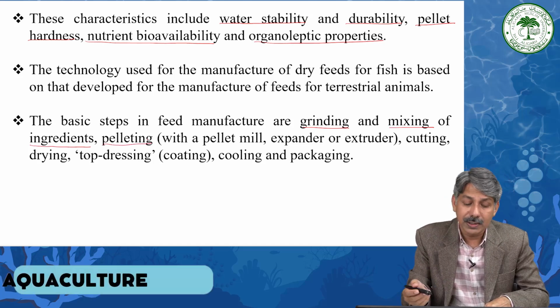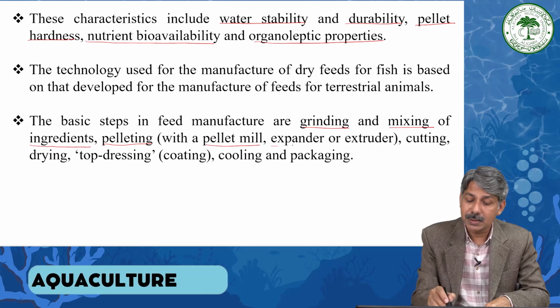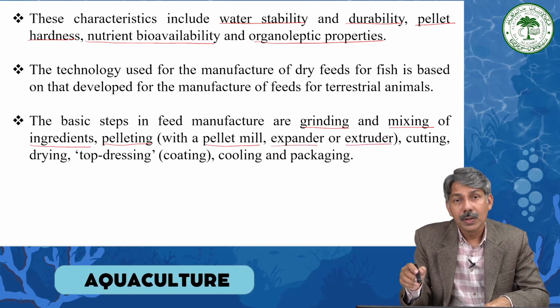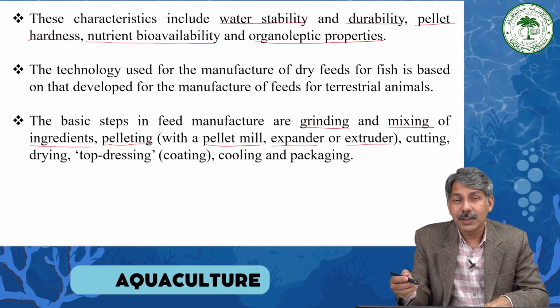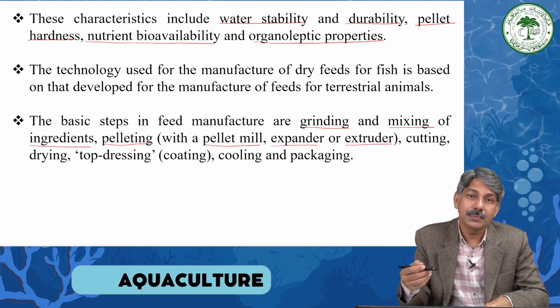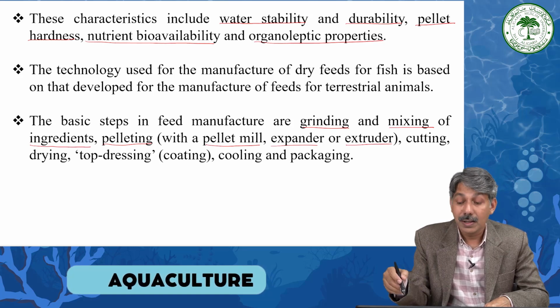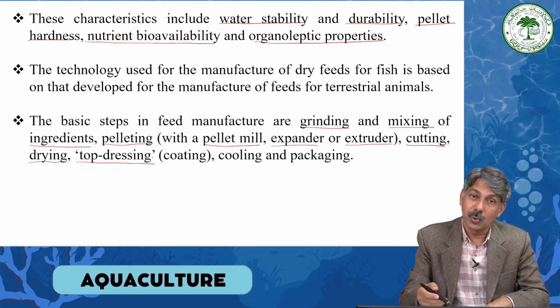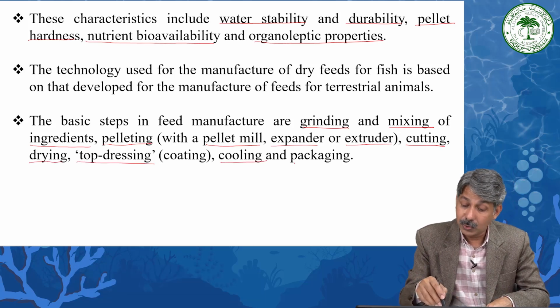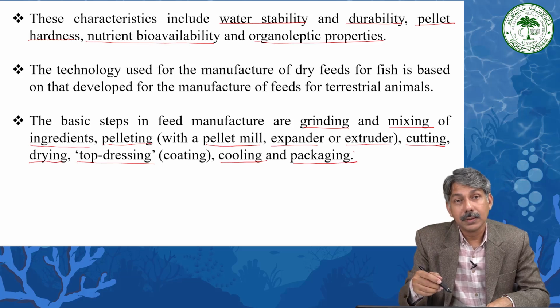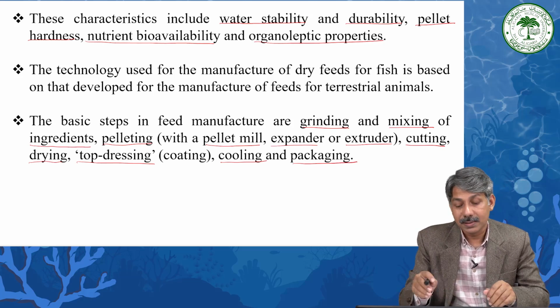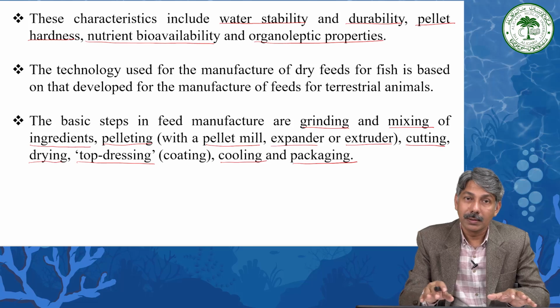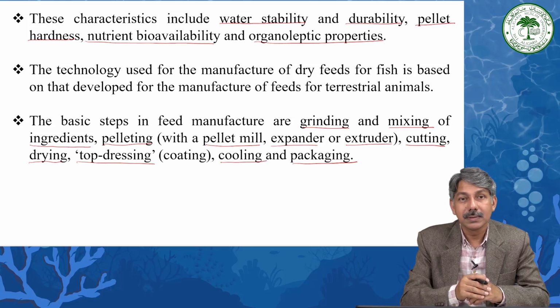Maybe you can use a pellet mill, expander, or extruder, depending on what kind of equipment you have and what your objective is. Then cutting, drying, then top dressing or coating, then cooling the finally produced pellets, and then packaging and storing them properly. Then they are transported to the end users or farms where they can be utilized.